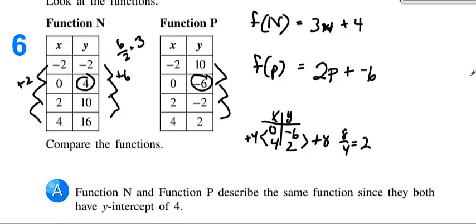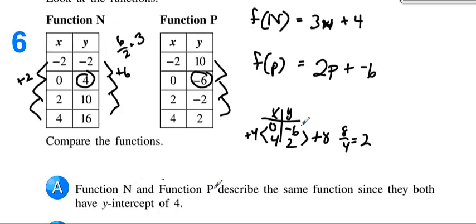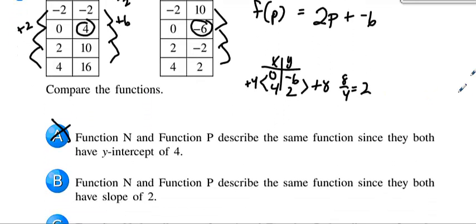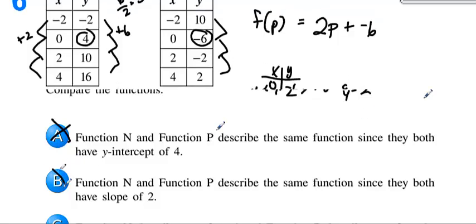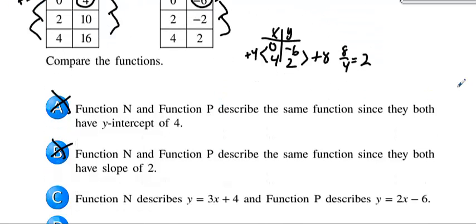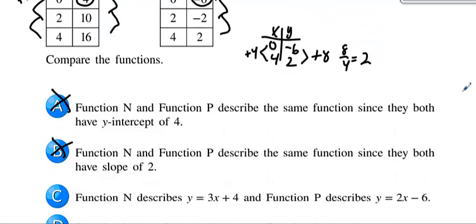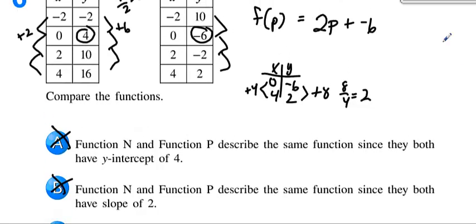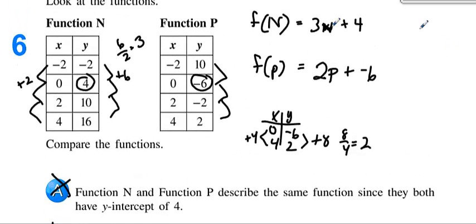So they're not the same. Function n and function p describe the same function? No, they don't. B, function n and function p describe the same function? No. C, function n describes it y equals 3x plus 4. So let's go ahead and check that. Okay, 3x plus 4.